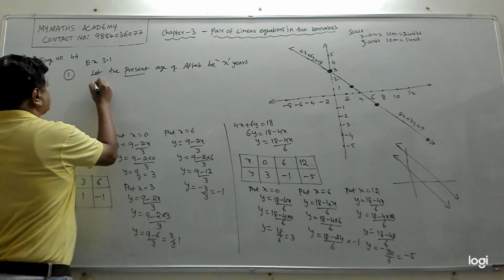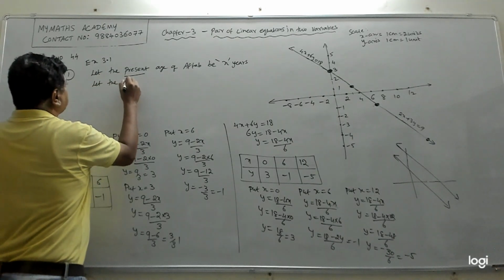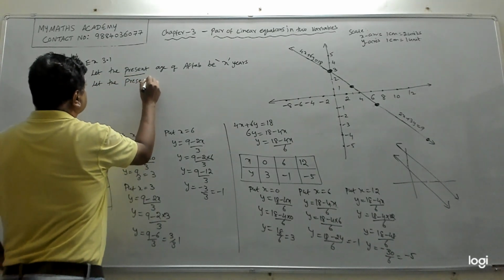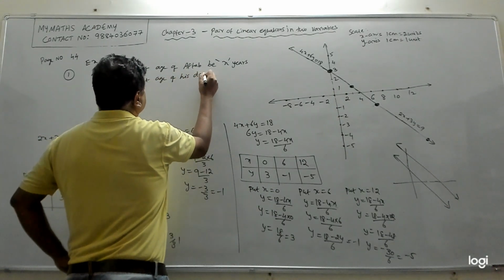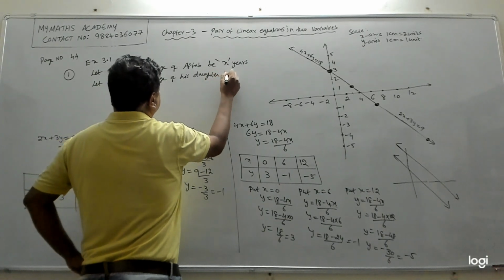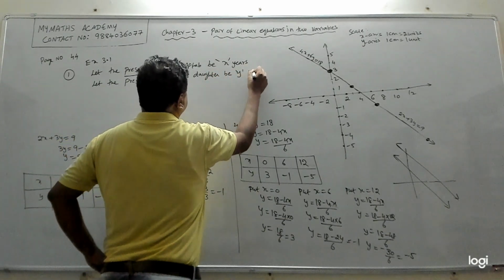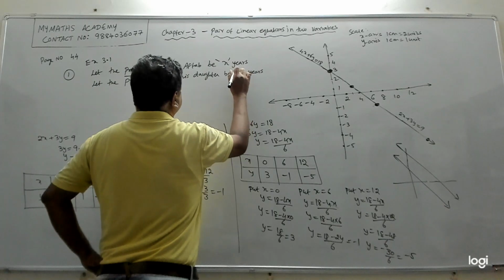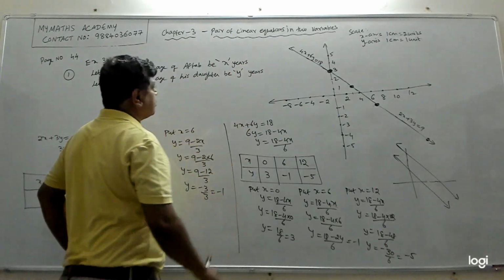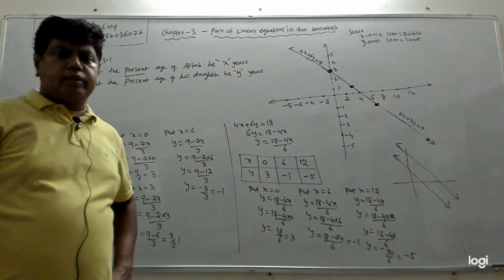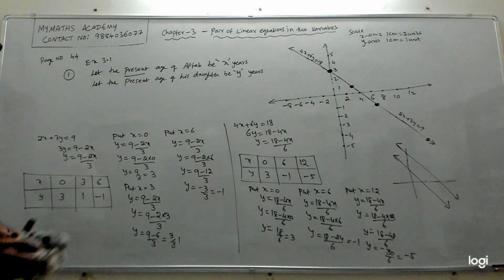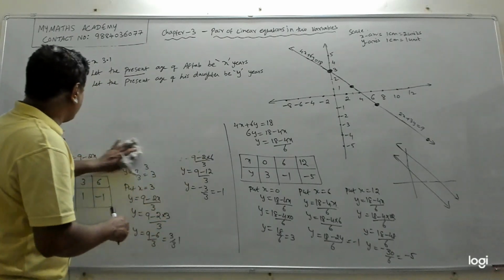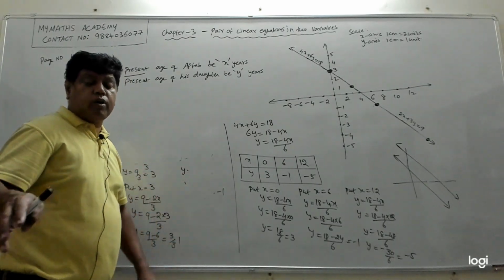And the other one is his daughter. So let the present age of his daughter be Y years. Right? His daughter is Y years. Now what we have, let me erase this.